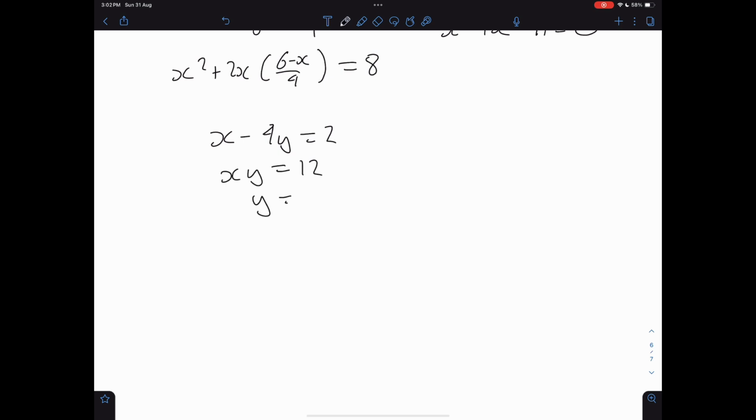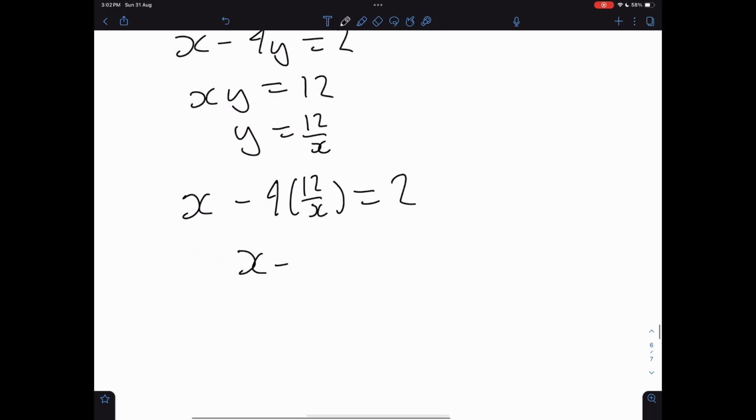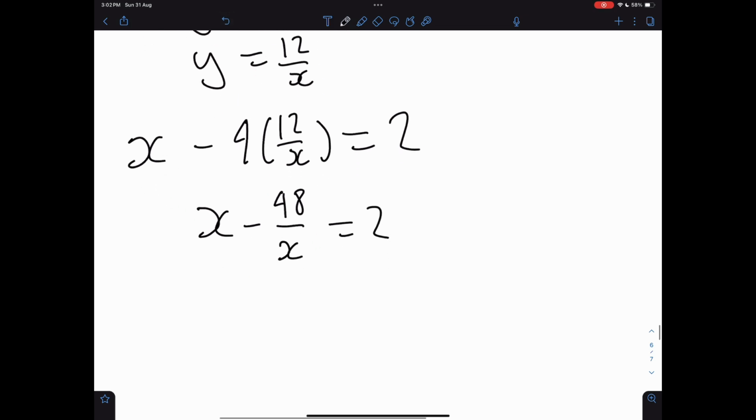We can say that y is equal to 12 over x. That x minus 4 times 12 over x equals 2. x minus 48 over x equals 2. We can multiply all sides by x.